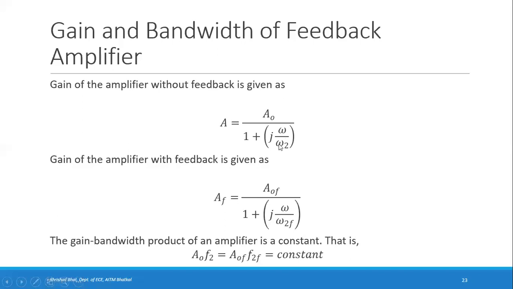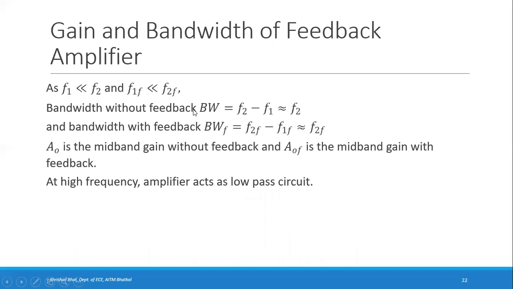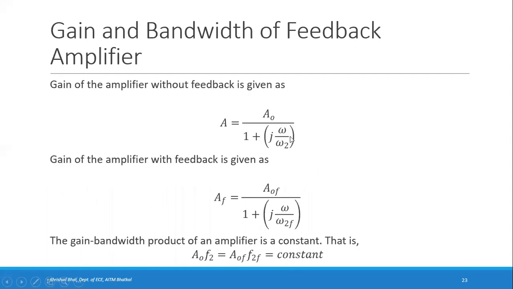So omega 2 is 2 pi into f2, where f2 is the bandwidth without feedback. That's why we get 1 plus j omega by omega 2. J is a complex term; j stands for square root of minus 1.